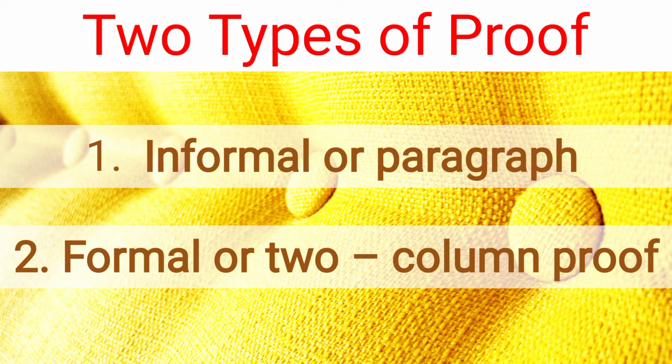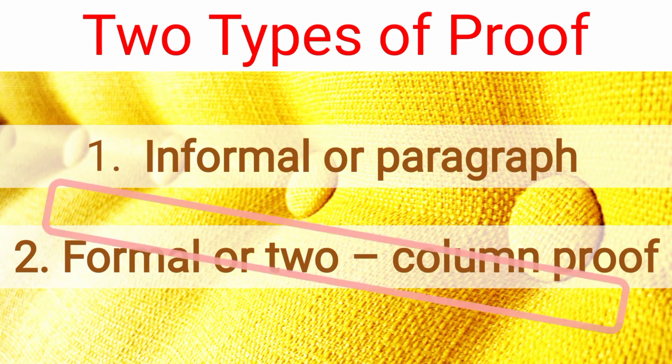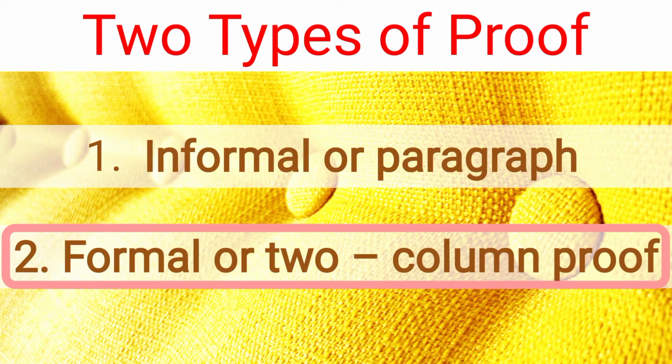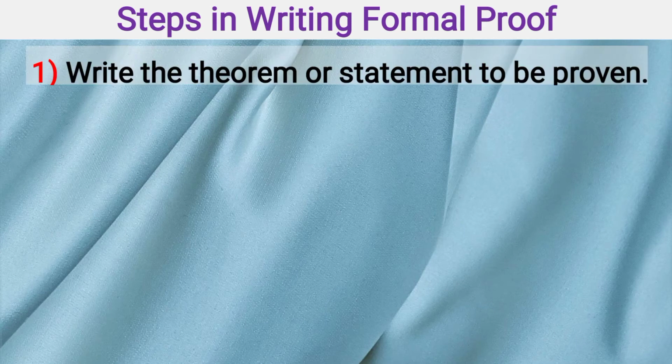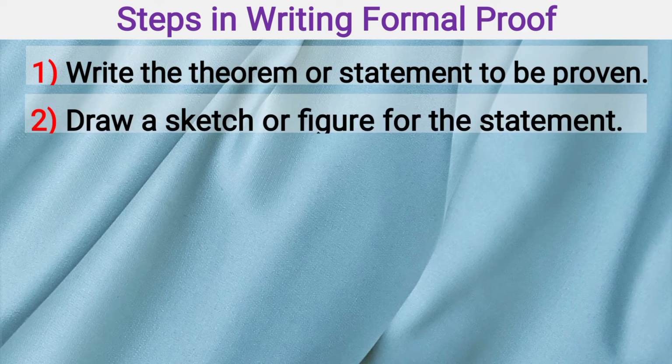After we've discussed indirect proof, we can now move on to formal or two-column proof. There are steps in writing formal proof. First, write the theorem or statement to be proven. Step 2, draw a sketch or figure for the statement.